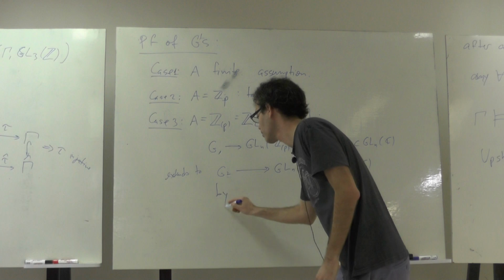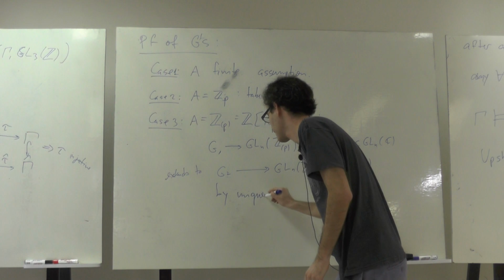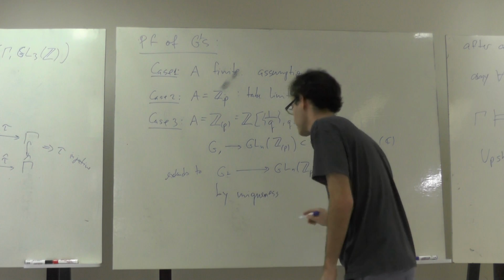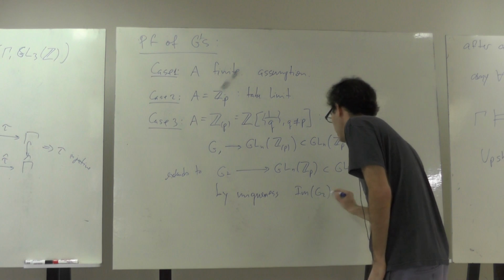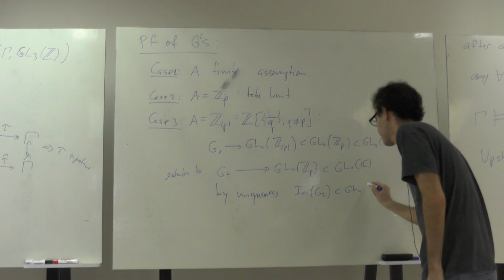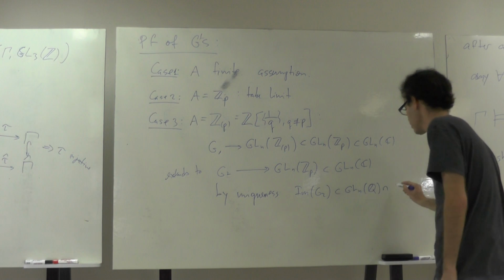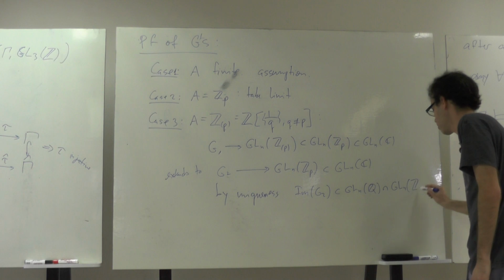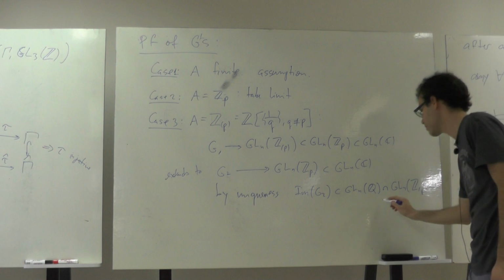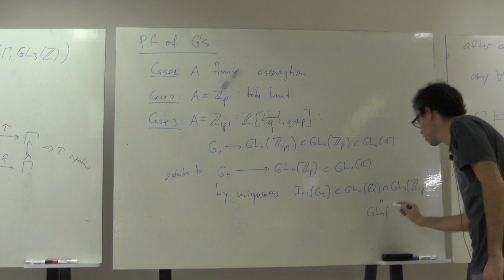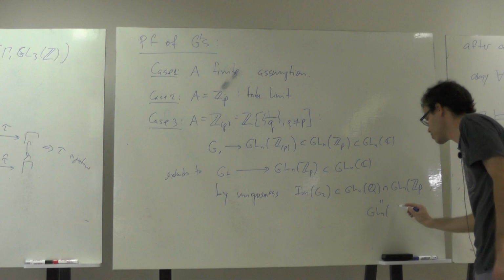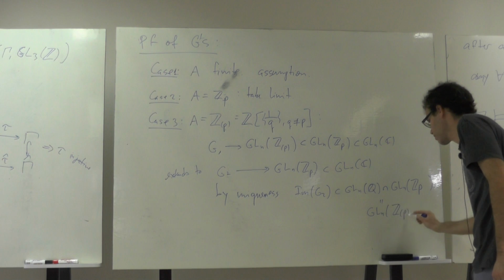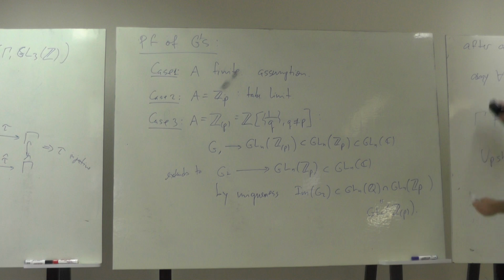So by uniqueness, the image of G2 is contained in GL_N of the rationals, but it's also contained in GL_N of Z_p. But this is GL_N of the localization. Okay, the same trick works.